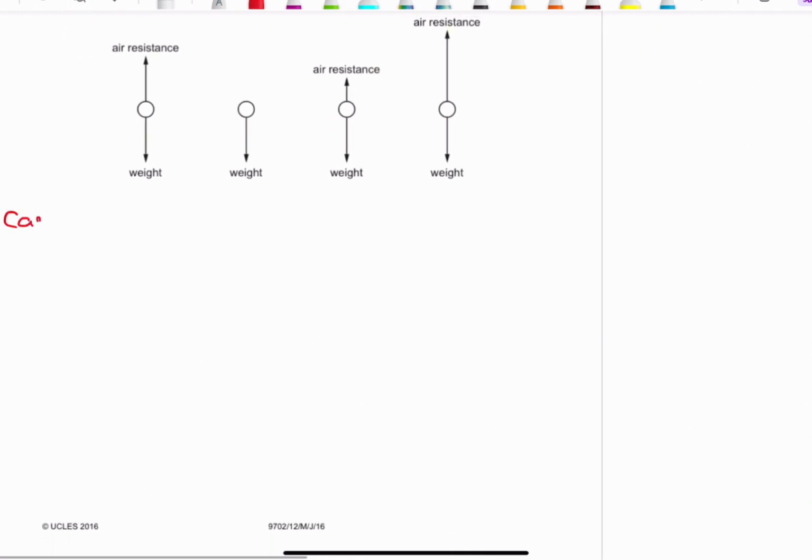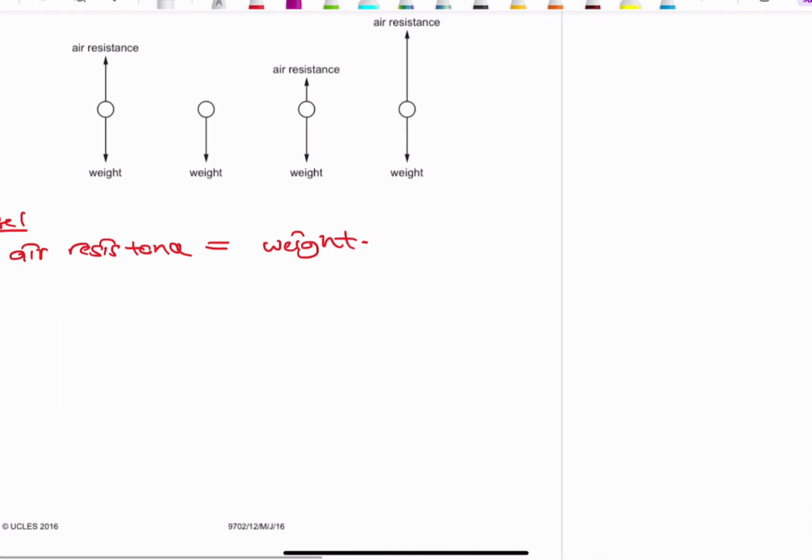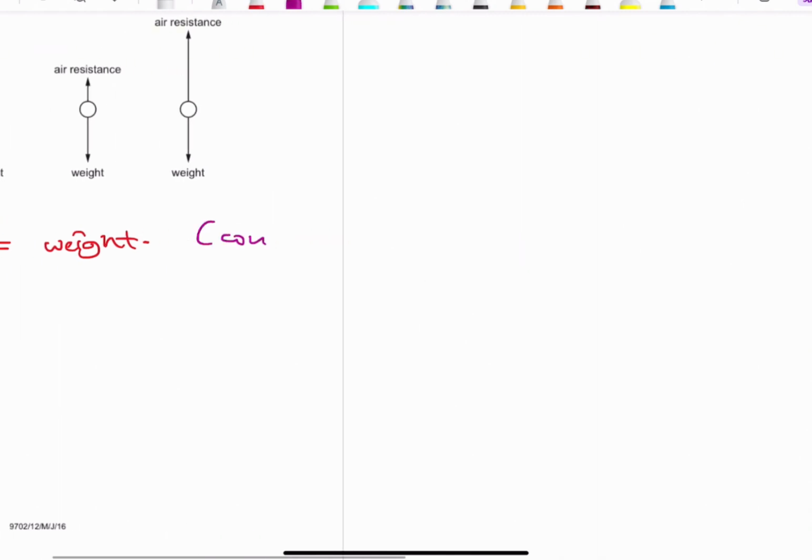So as it encounters air resistance, if there's certain conditions, right? Case 1, if air resistance is equivalent to weight, what this means is that you're moving at a constant velocity. Why? Because the acceleration is equivalent to 0.